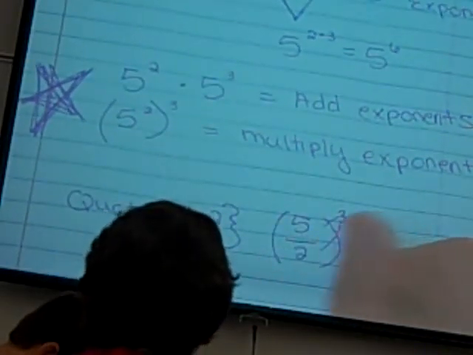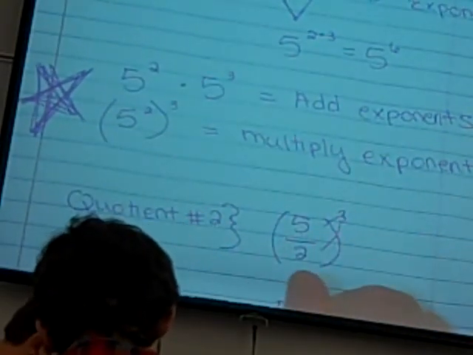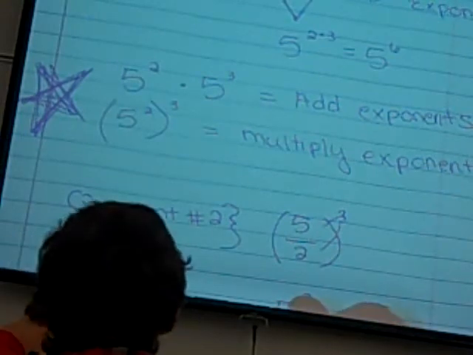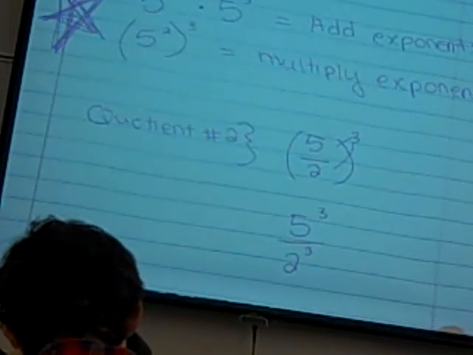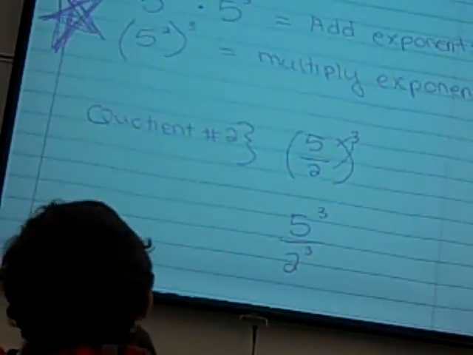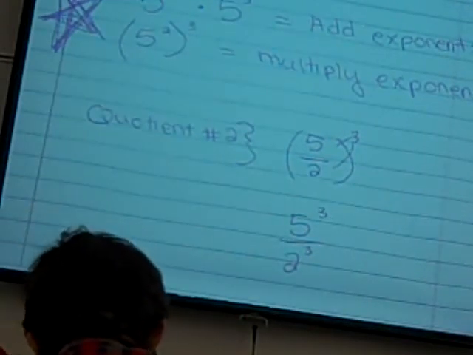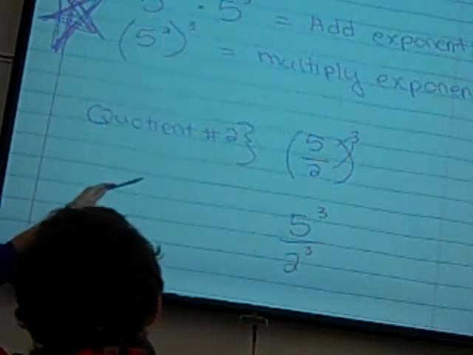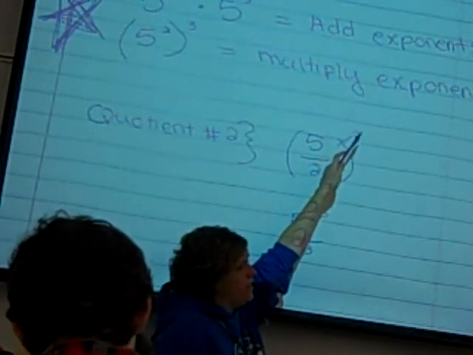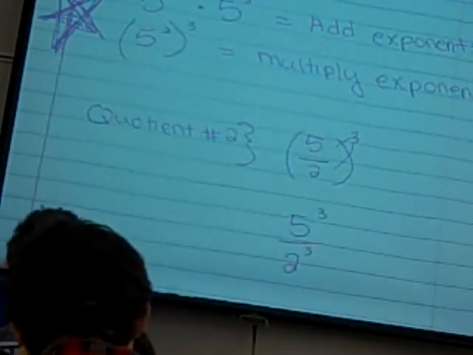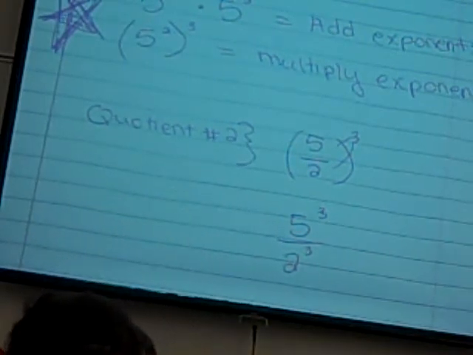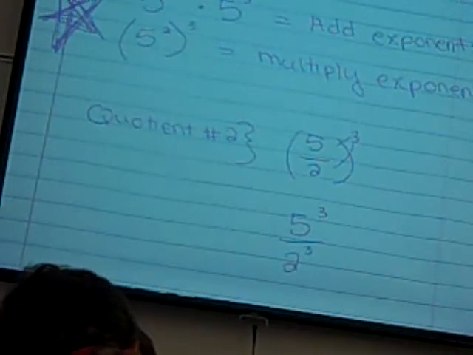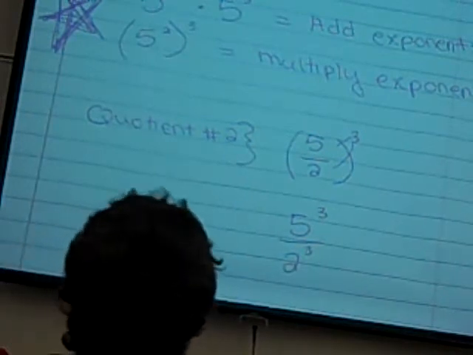So really that problem then says 5 to the third over 2 to the third. And this is going to become important as we're starting to solve things algebraically, that 3, or whatever your exponent is, is applied to both. Any questions on those 7 properties of the exponents?